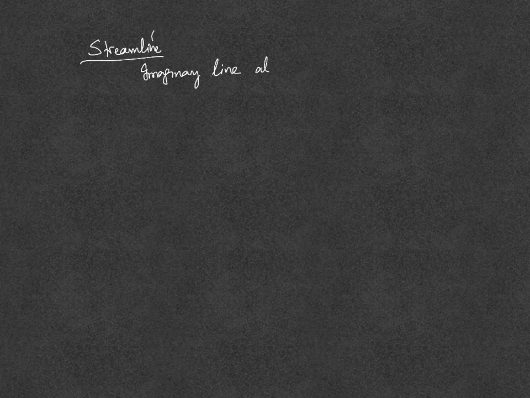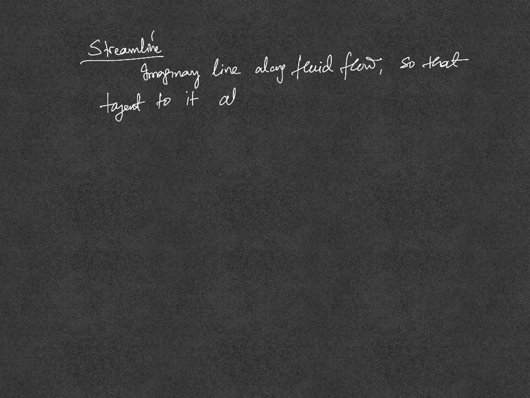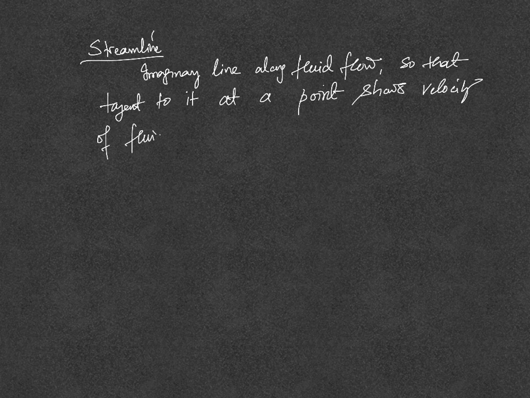A streamline is an imaginary line along fluid flow, so that the tangent to it at a point shows the velocity vector of the fluid passing through that point. So that is known as a streamline.